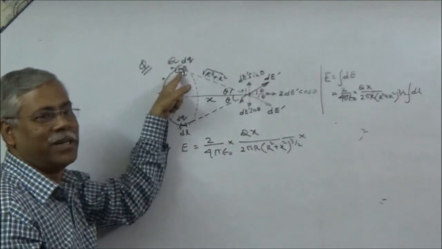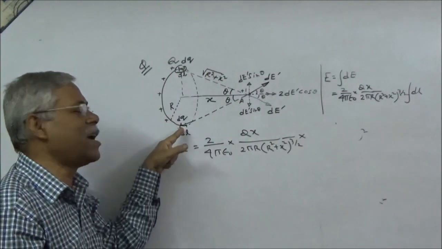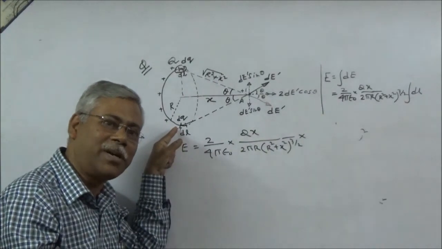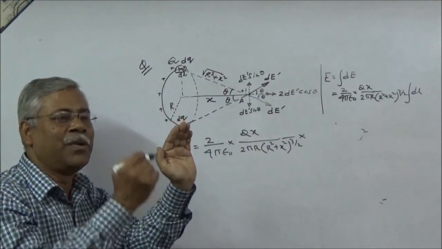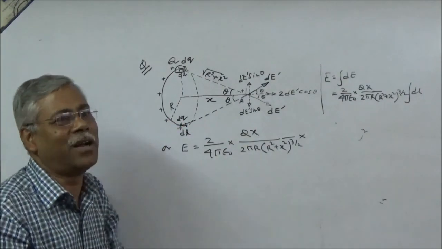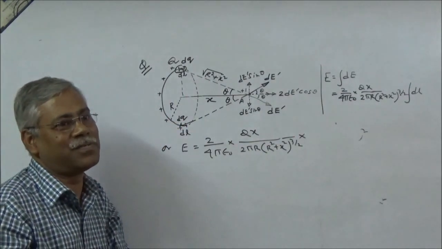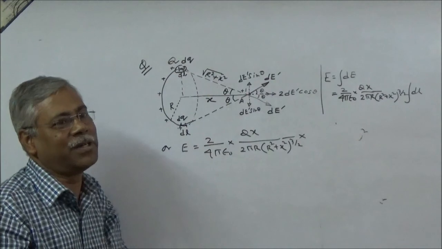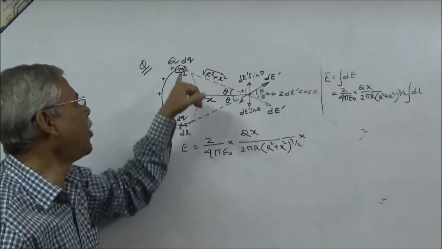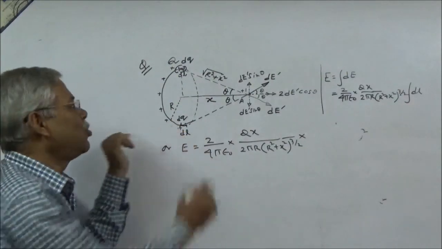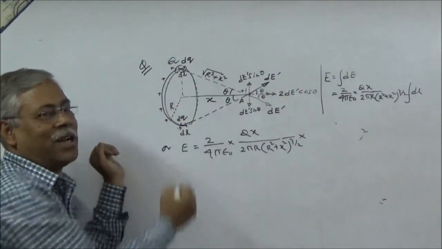Have you understood the meaning? You are using this and this together. So just consider half. Automatically the other half will come in.